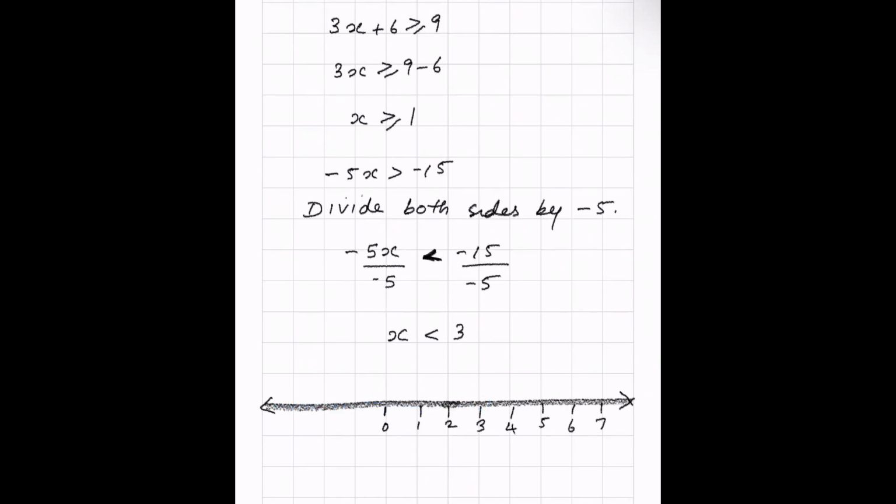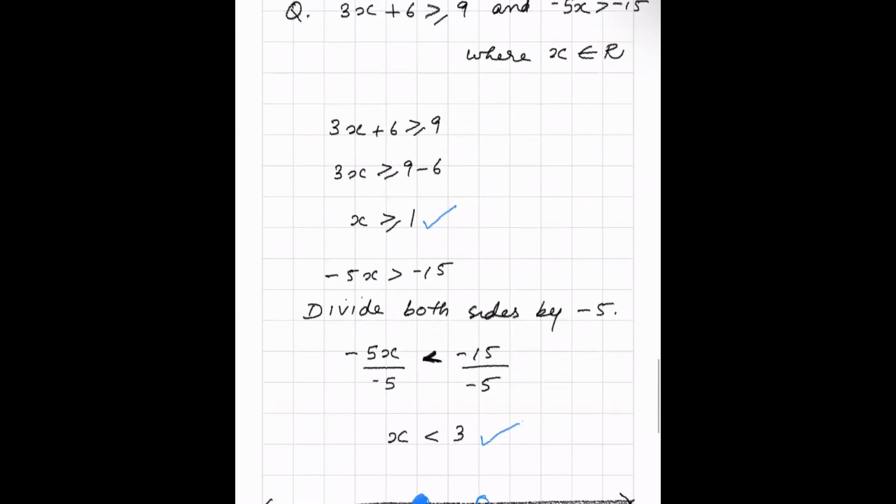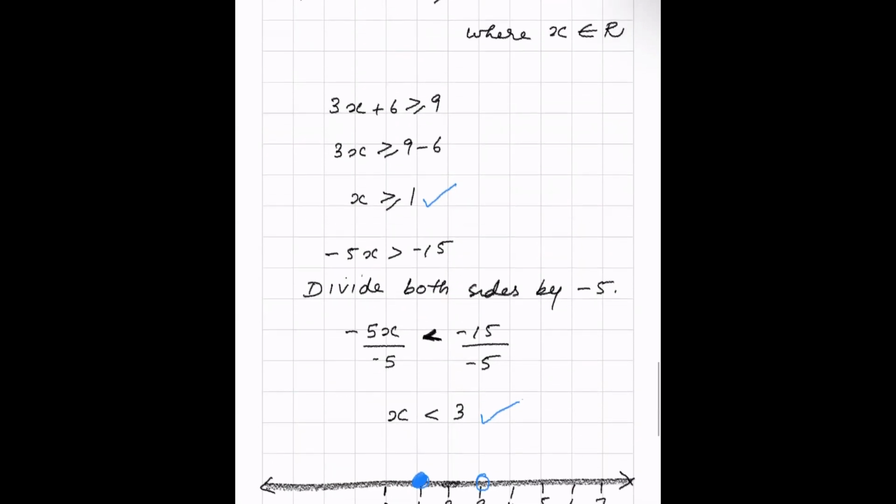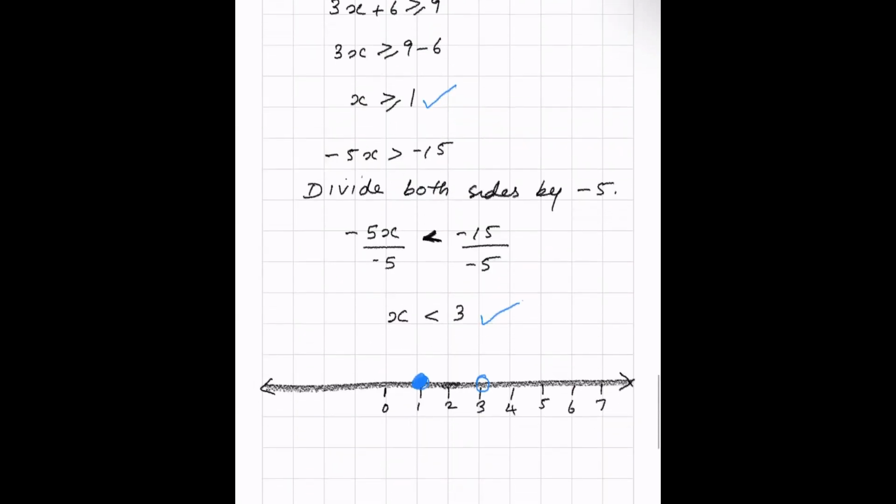Now, what is the next solution? The other one was x greater than or equal to 1. These are the two solutions, x greater than or equal to 1 and x less than 3. Combine it now. It is part of x belongs to real numbers. Real numbers means all the numbers between these two should be highlighted.